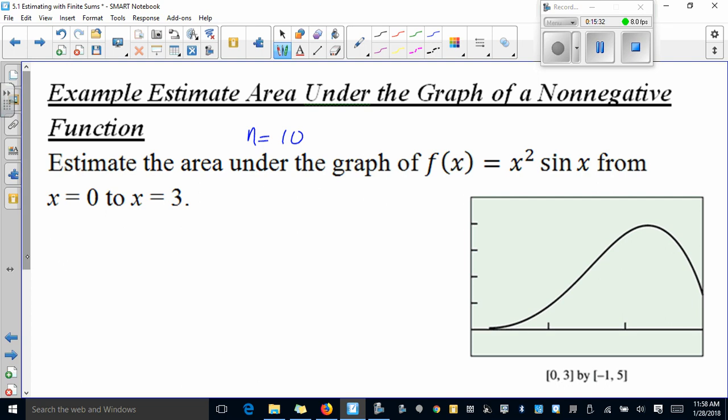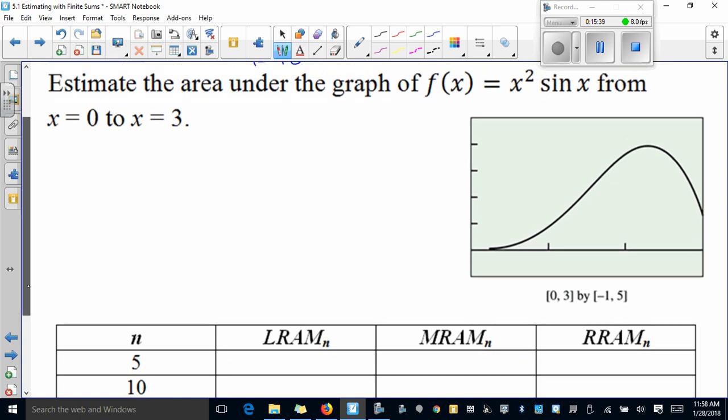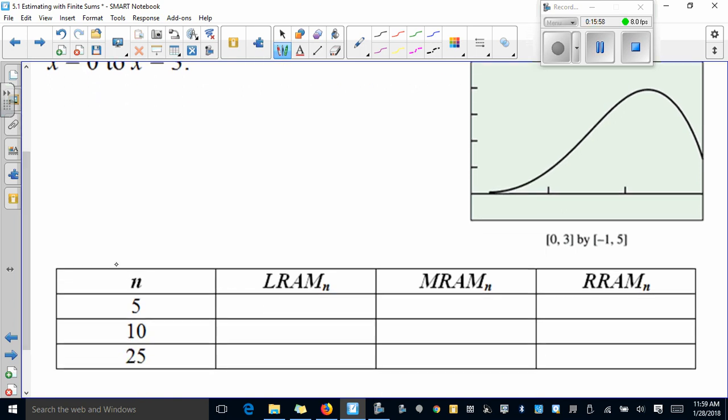So when I did 5 on this, my left I got 5.155. On the midpoint, I got 5.897, because I didn't round it earlier and I'm now rounding to 3 decimal places.